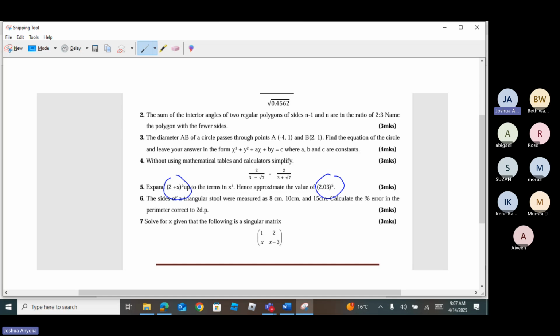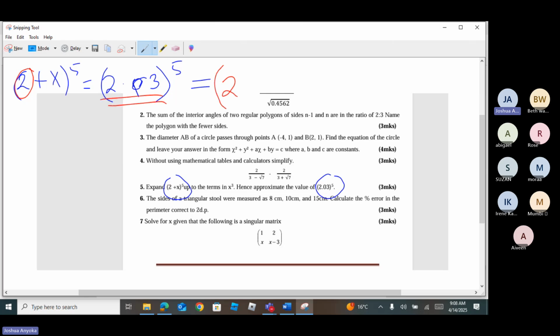So we want 2 plus x to power 5. That's what we have expanded. We are using this to evaluate 2.03 raised to power 5. Definitely our first term is 2, so we must start with the 2.